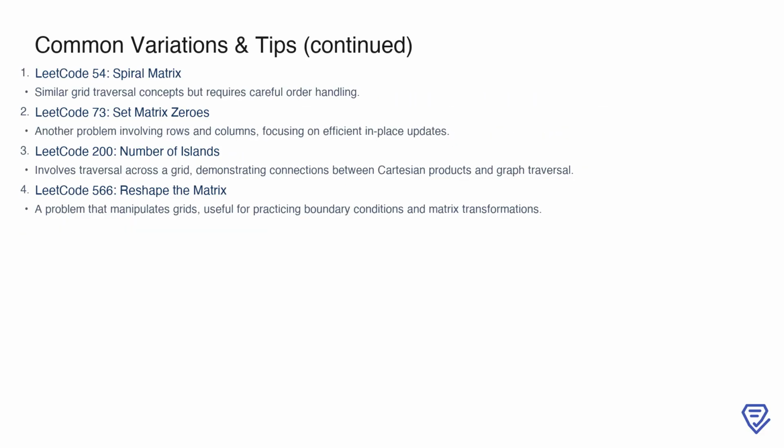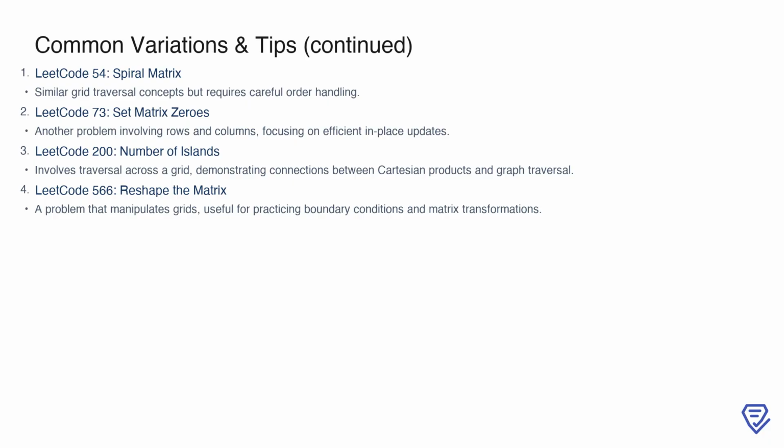This problem also links to several related LeetCode problems that can deepen your understanding of grid traversal. For instance, in LeetCode 54, Spiral Matrix, you'll encounter similar traversal concepts but with a specific spiral order requirement. LeetCode 73, Set Matrix Zeroes, also deals with rows and columns, but the focus there is on efficient in-place updates.